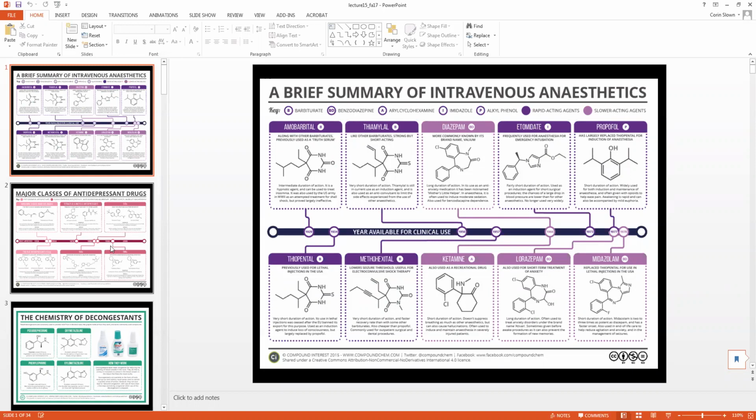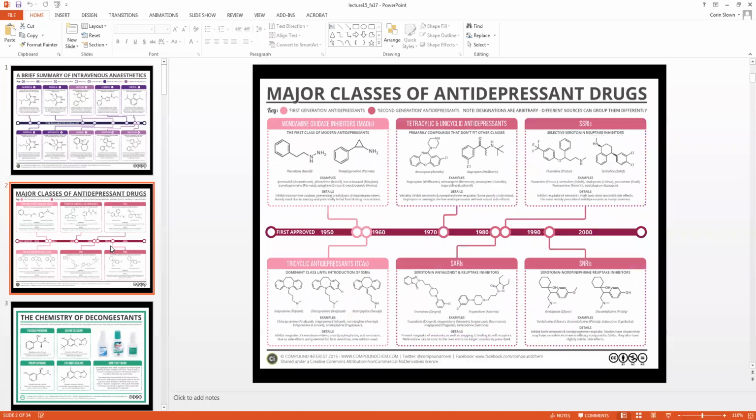If we think about major classes of antidepressant drugs, whether that's a monoamine oxidase inhibitor or a tetracyclic and unicyclic antidepressant, or a selective serotonin reuptake inhibitor, or tricyclic antidepressants, or serotonin antagonists and reuptake inhibitors, as well as serotonin norepinephrine reuptake inhibitors, you can see here that each of these molecules incorporates amines.